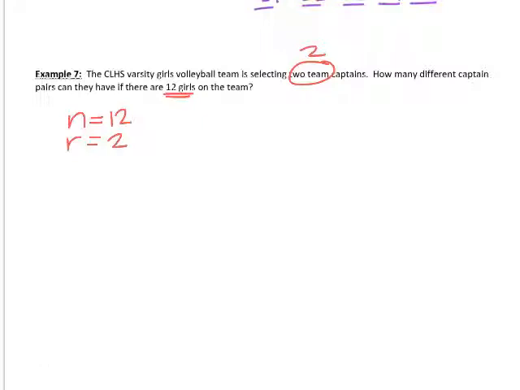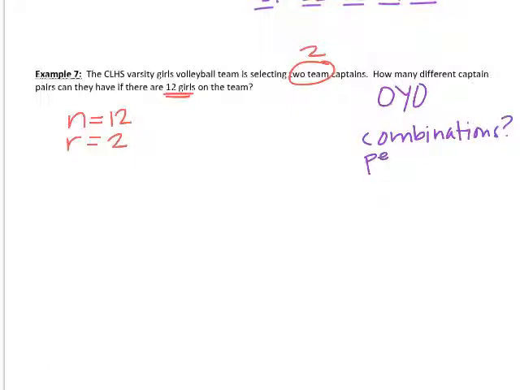Is order important when you're choosing 2 team captains from a group of 12 people on the team? This is another one where I'd like you to choose on your own. Maybe you can talk to some people nearby and figure out, is it going to be combinations? Does it matter which order we pick these 2 people?